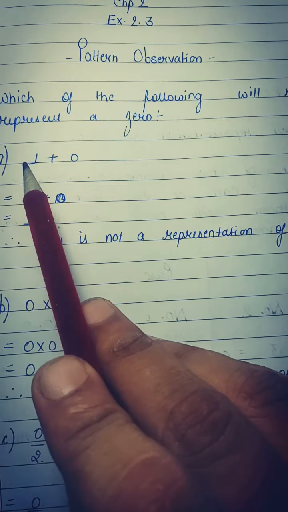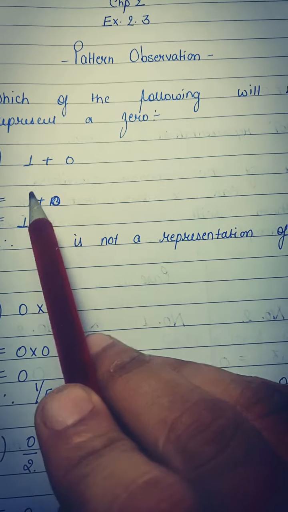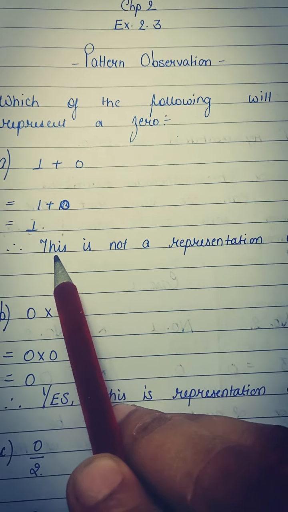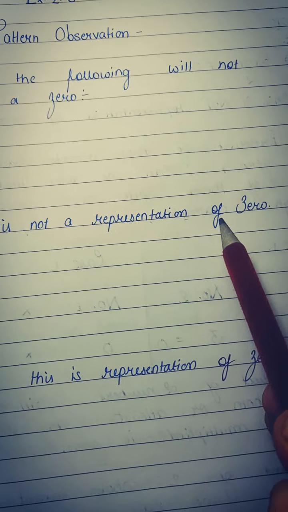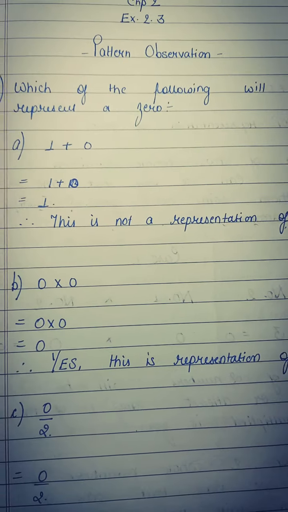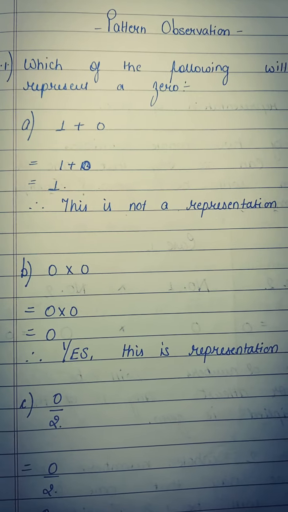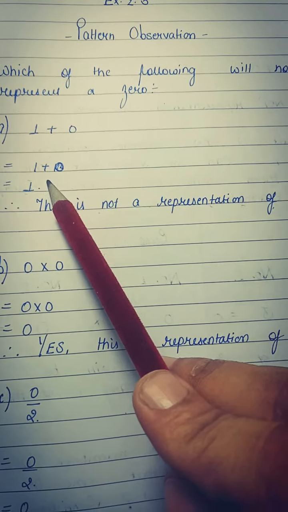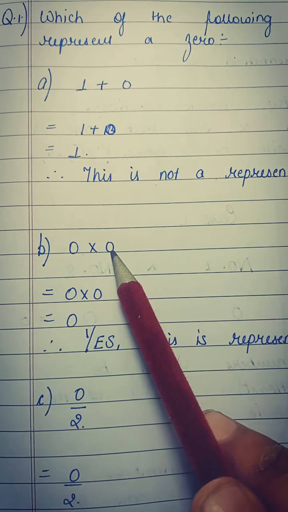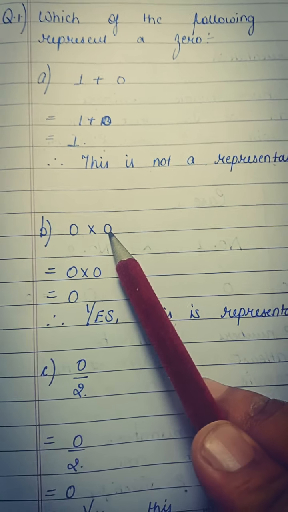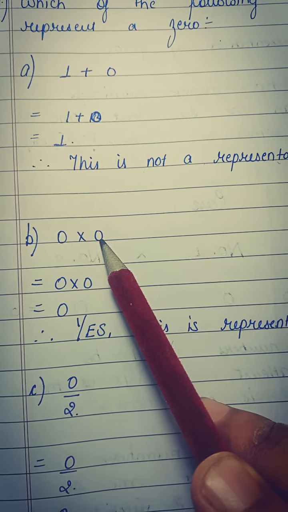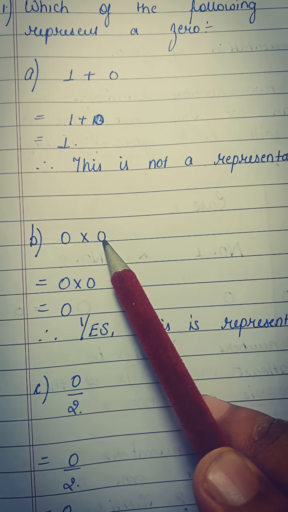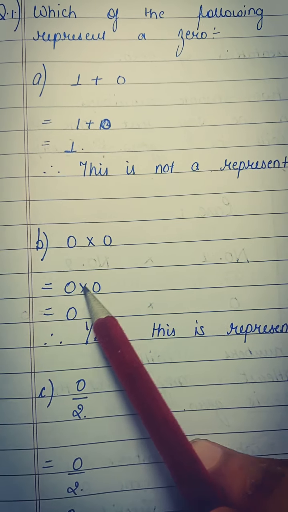For example, 1 plus 0, the final answer obtained is 1, so this is not a representation of 0. We all know that 1 plus 0 is 1, it's not 0. Second, 0 multiplied by 0, the answer of 0 into 0 is 0.